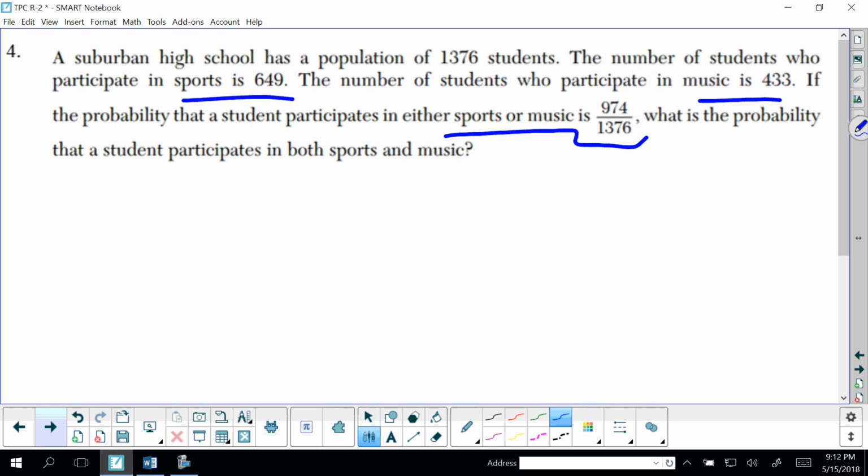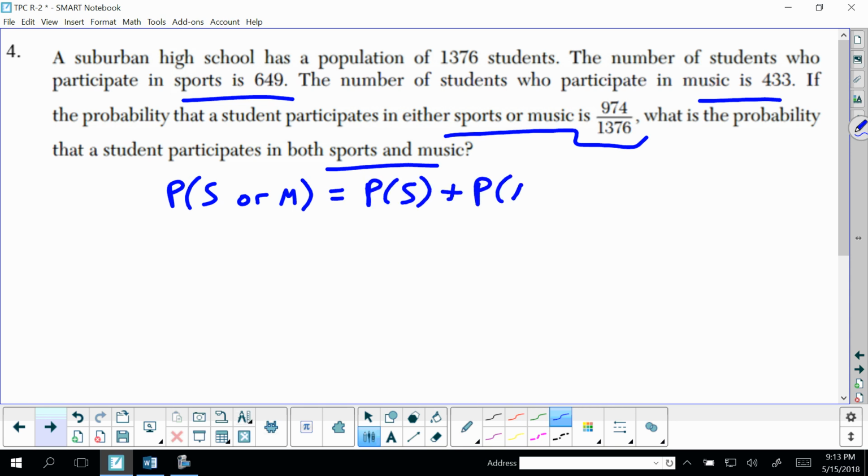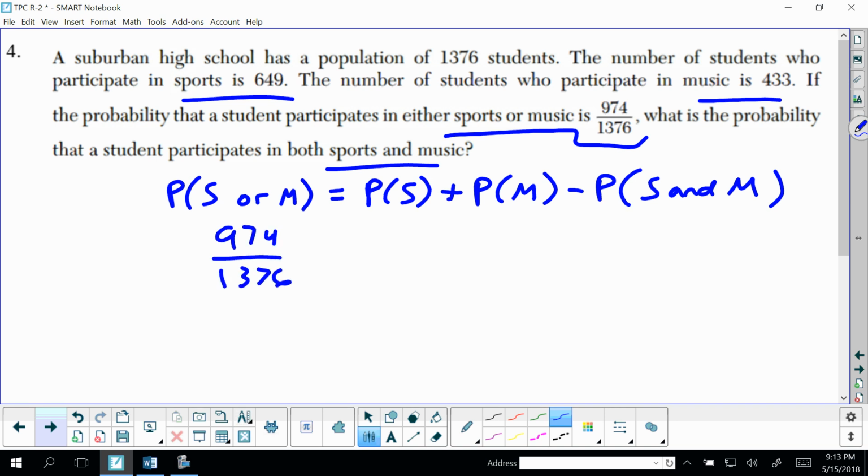What's the probability of our and, sports and music? So we are going to do probability of sports or music. That should equal probability of sports plus probability of music minus probability of sports and music. So that's our and/or formula. We know our or is 974 out of 1376.